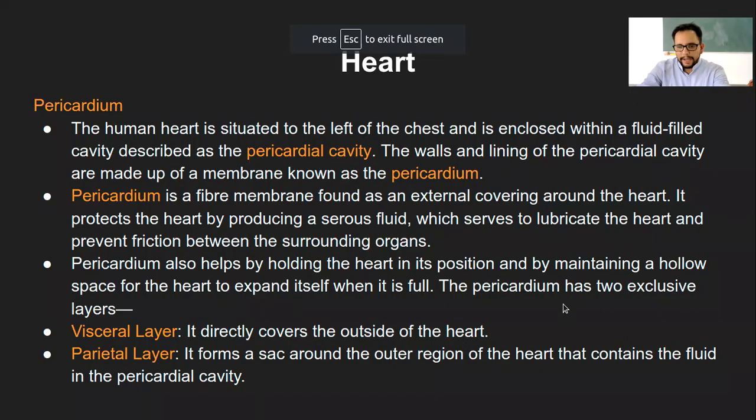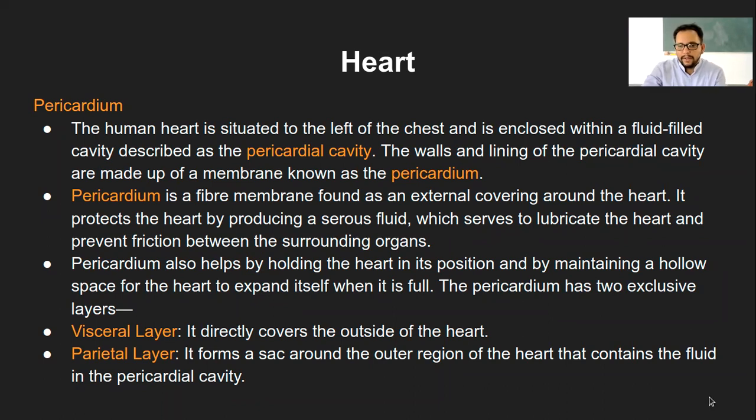Now the pericardium is specifically divided into two layers. The moment we say pericardium is a layer, it can be single layer, double layer, triple layer, membrane, right? Pericardium is made up of two layers, that is the visceral and parietal layer. Visceral is the inner one, next to the heart. It directly covers the outside of the heart.